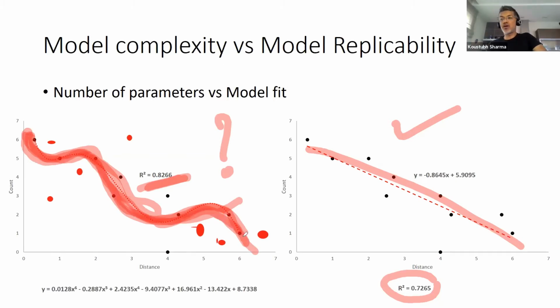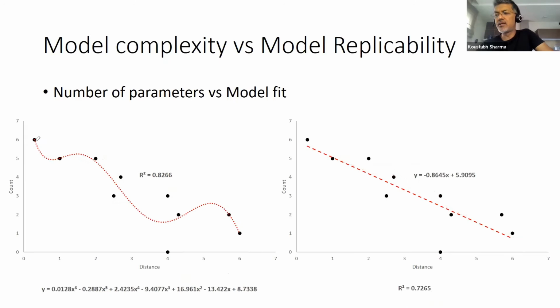Now this is the cost of model complexity. Look at this, you have 1, 2, 3, 4, 5, 6, 7 terms. It's a 6th order polynomial equation. It's fitting my data better, but it is going to do a very poor job of predicting anything that's not already listed in my data.